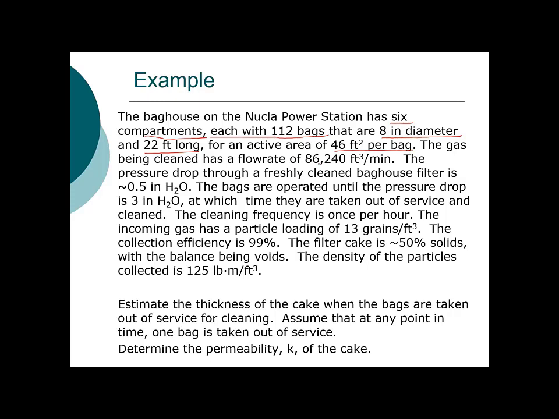The gas being cleaned has a flow rate of 86,240 cubic feet per minute. The pressure drop through the freshly cleaned filter is 0.5 inches of water, and we'll operate the Baghouse filter until the pressure drop is 3 inches of water.